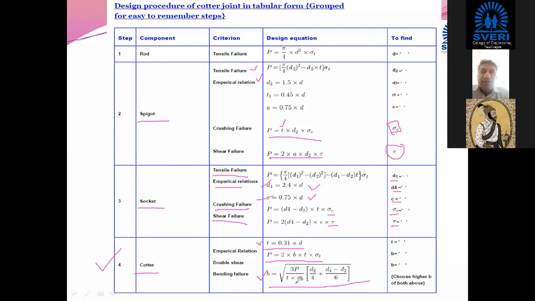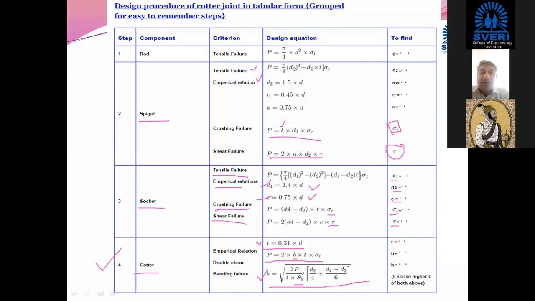If this sigma B, that is the tensile stress, is less than the allowable tensile stress, then we can say the value calculated as B is acceptable.